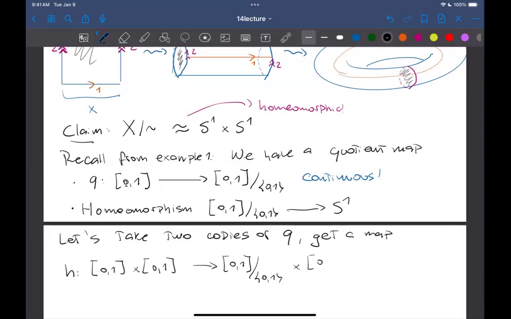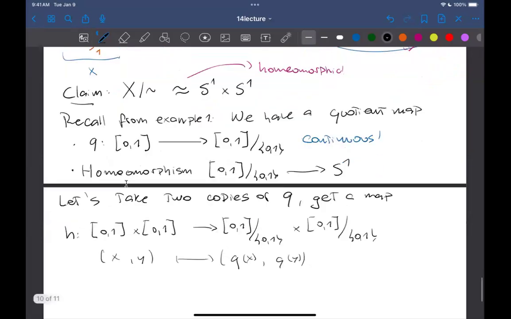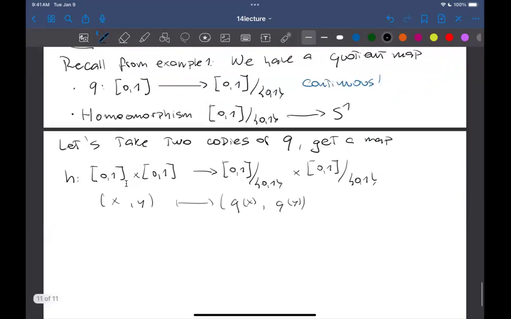This is the quotient example that we did at the beginning of class as a reminder. Here I will take a point (x, y) and take it to (Q(x), Q(y)). Q, remember, is the projection. And this map is continuous because of what I said at the beginning of class.